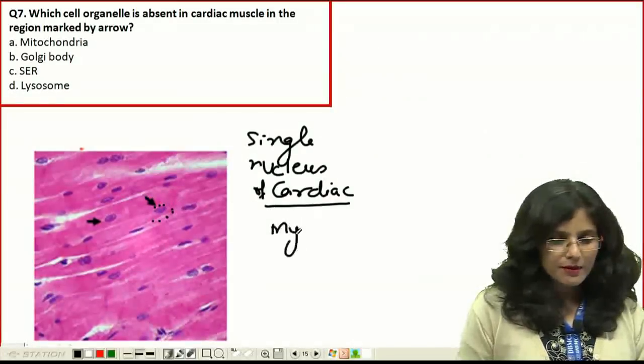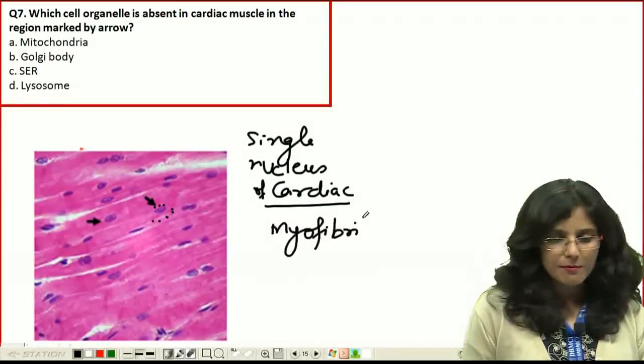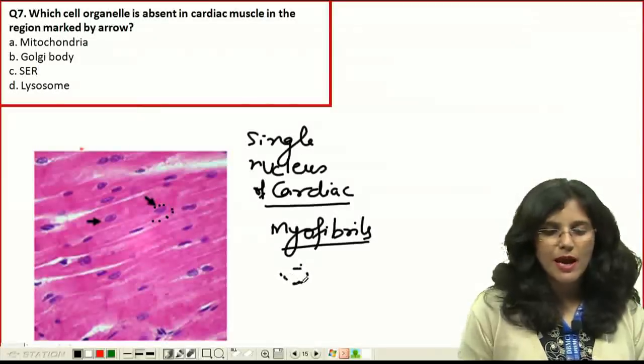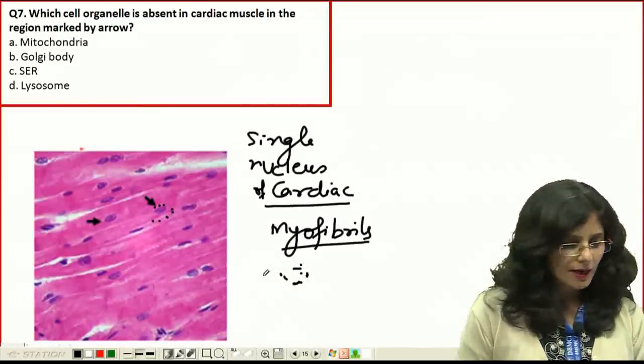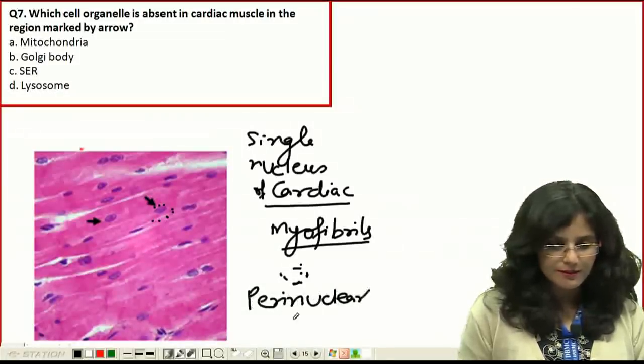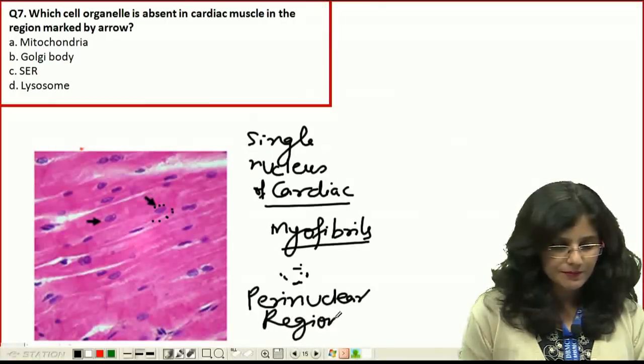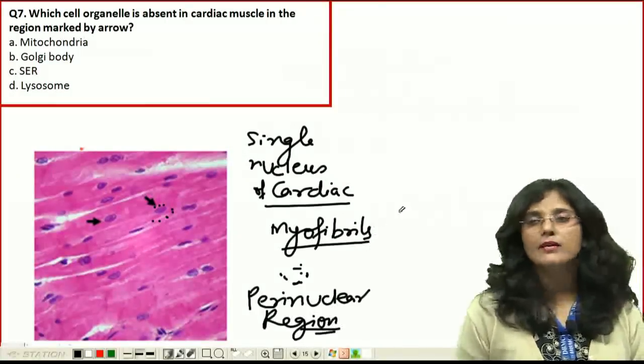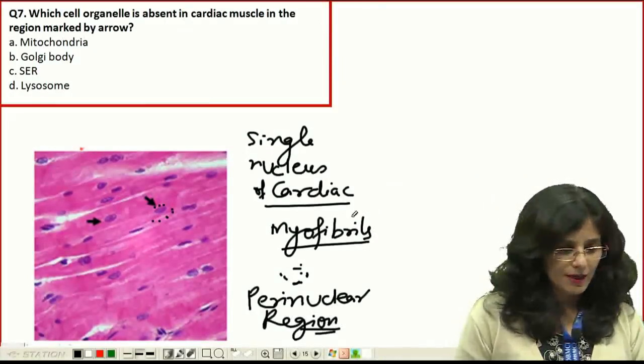The myofibrils pass around the nucleus and they make an area which is known as the perinuclear region. That is a biconical type of area.